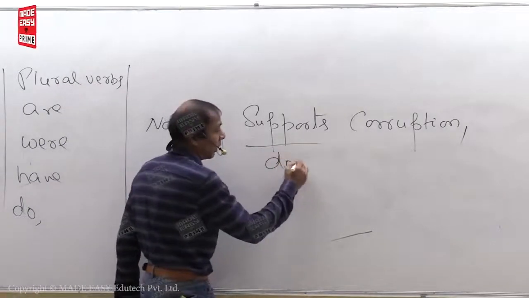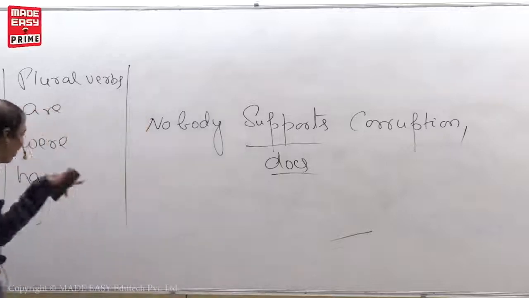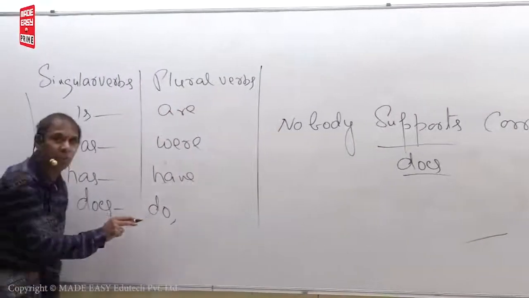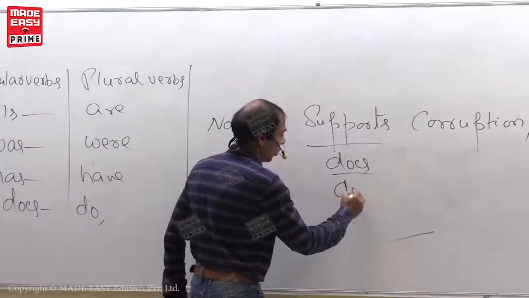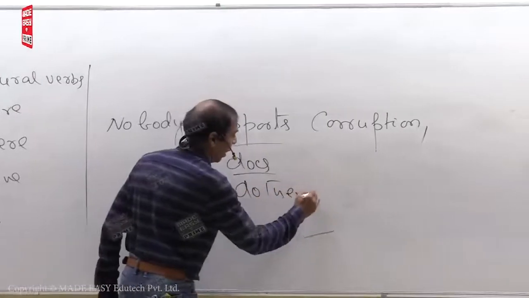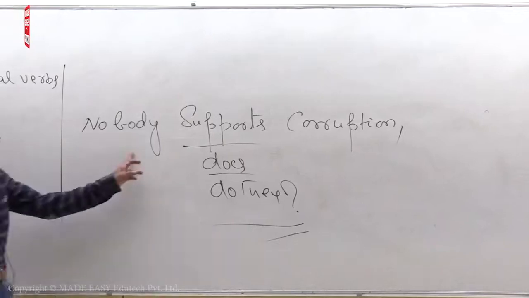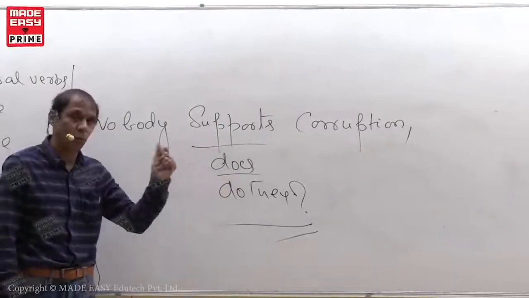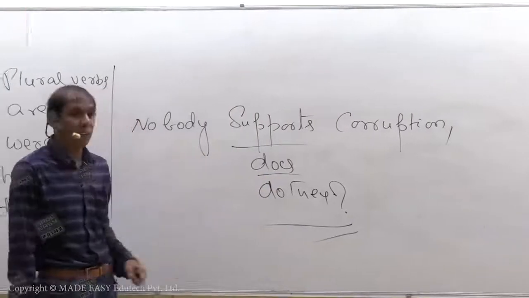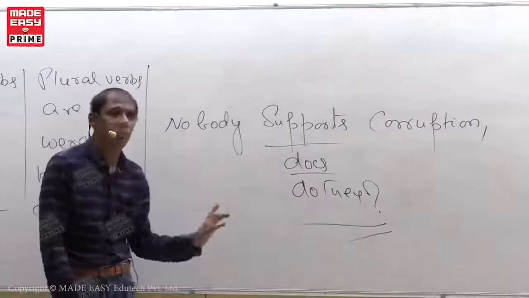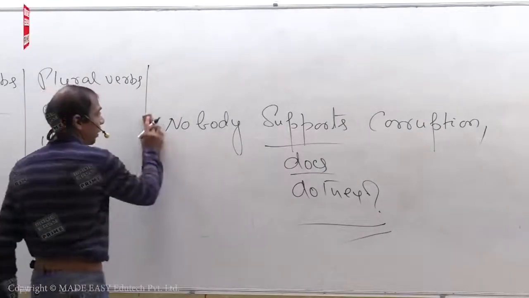So you have to borrow does. But does is singular. What is the plural form of does? Do. Do they. That's all. Okay? Don't write does they, because does is singular. Use only plural verbs at the time of question tags in the case of all these 6 words. Right? Now one more.